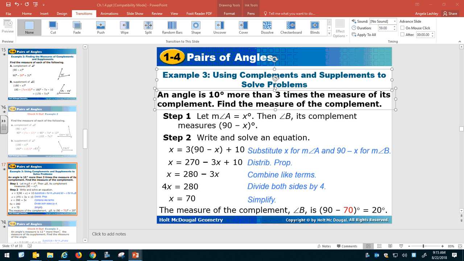How many of you who got 20 did it Yee's way? Awesome. Okay, so you need to figure out what works for you, but you need to be able to work it one way or the other. Okay, you'll have questions like this on your homework. Any questions about the difference between complement versus supplement versus complementary and supplementary?